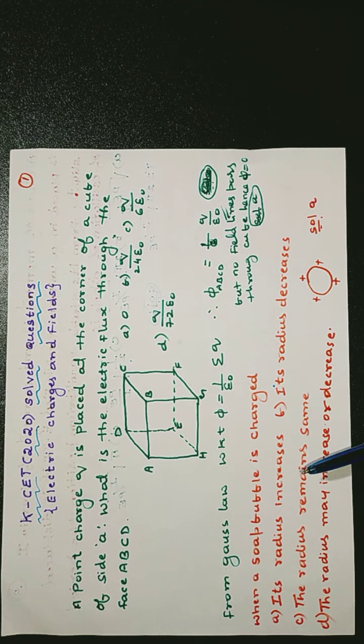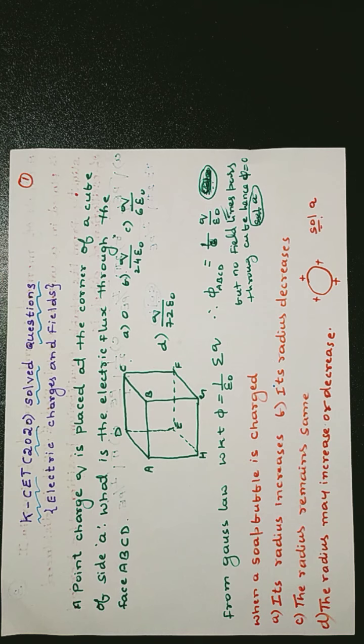In fact, you know that when the charge is inside the surface, there will be no electric field and hence no electric flux. So since no electric field lines pass through the cube, no question of electric flux arises. What is electric flux?